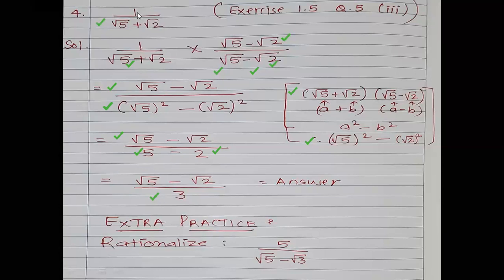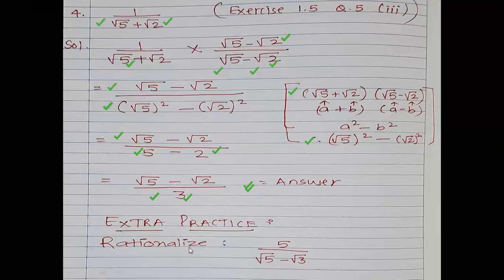So 1 upon root 5 plus root 2 on rationalization gives you the answer root 5 minus root 2 upon 3. And you will observe that the irrational denominator has been converted to a rational denominator with the number 3. Kindly practice one more sum of the same type.